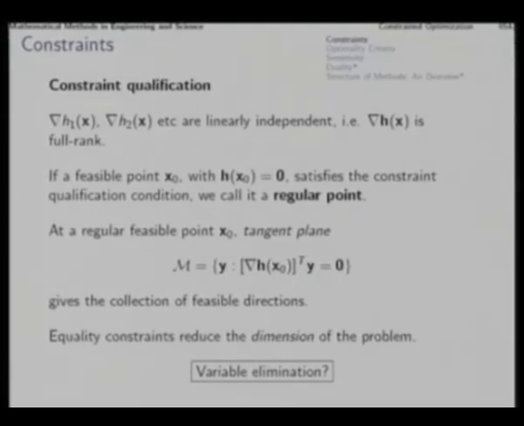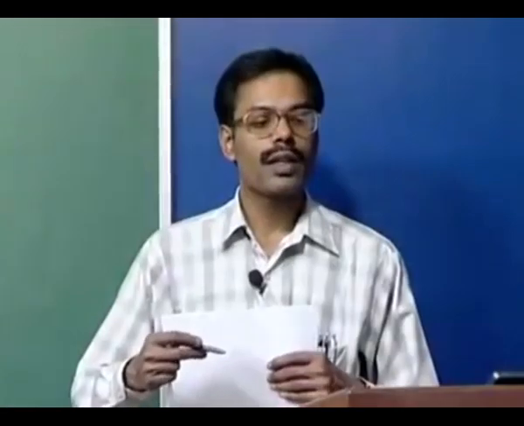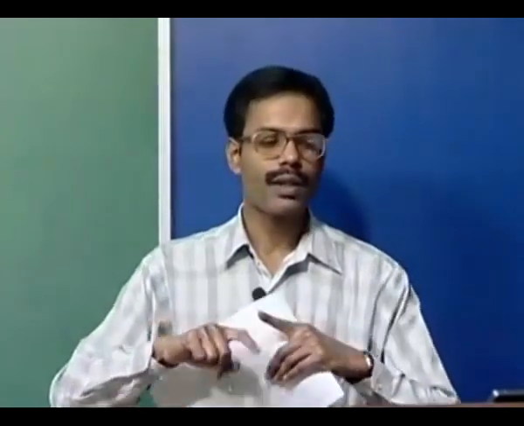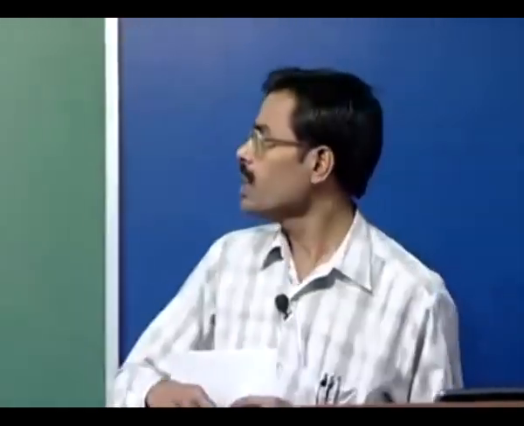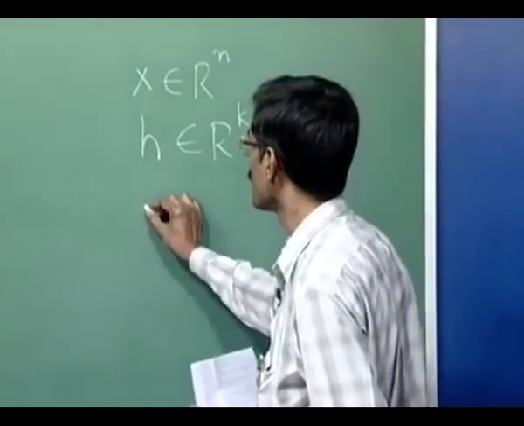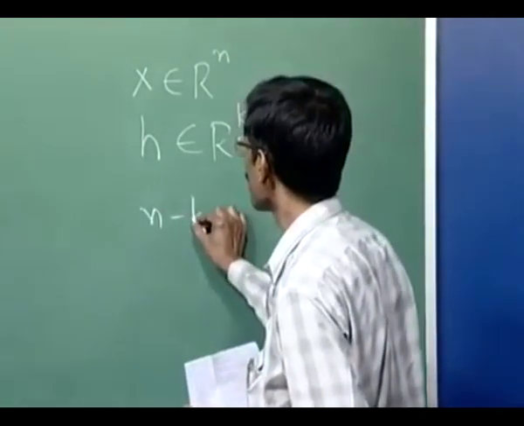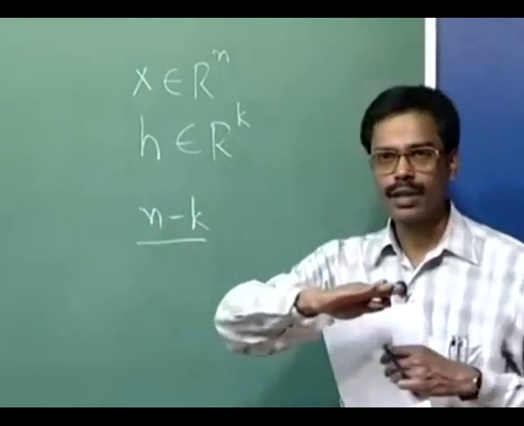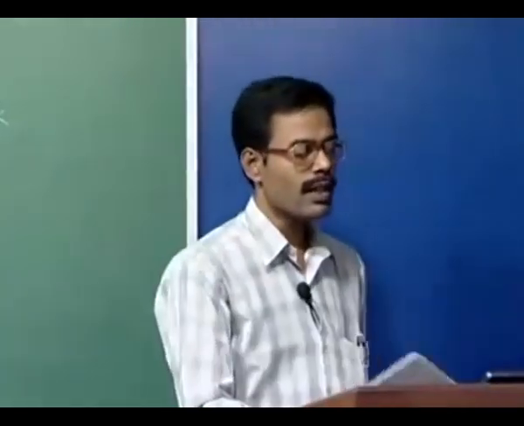So, if there are k such conditions, then the number of linearly independent vectors that can be taken as y will be n minus k. So, n minus k linearly independent vectors can be there in the tangent plane.